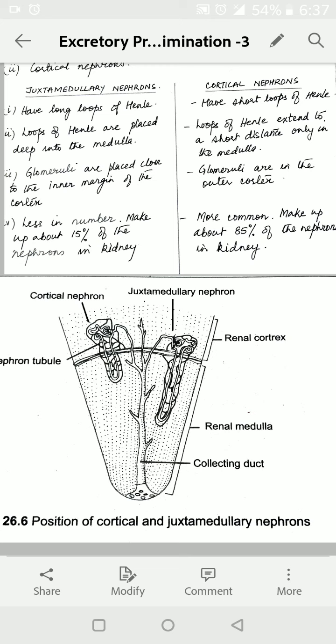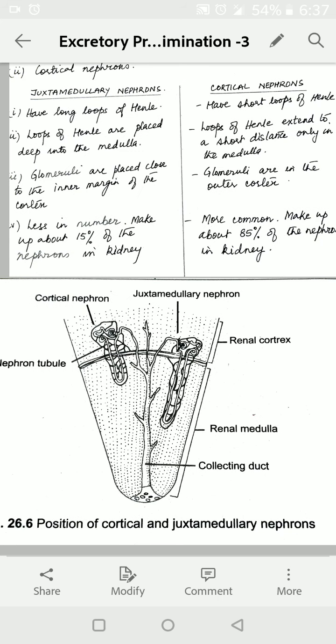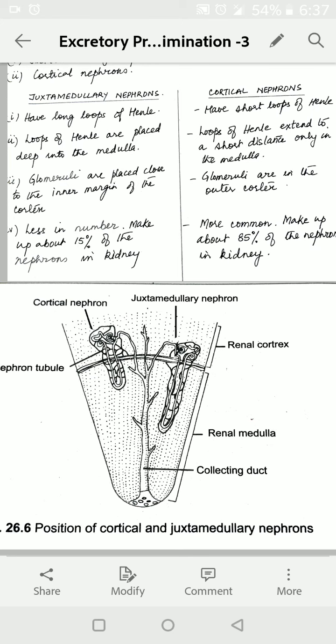As you can see in this figure, one cortical nephron and one juxtamedullary nephron is shown, showing a portion of the kidney in longitudinal section, with the cortex region and the medullary region. So you can see the difference between the two, which I have tabulated here.